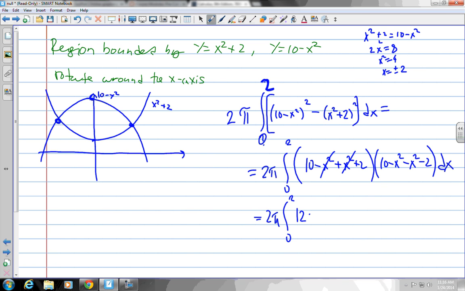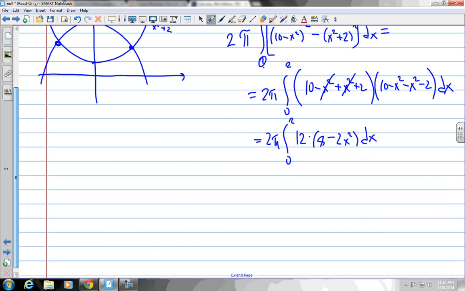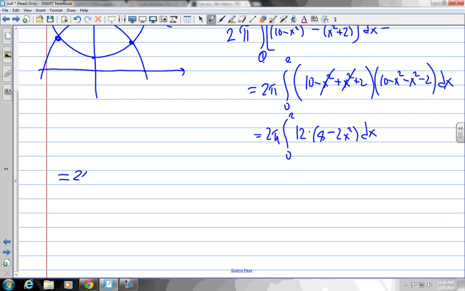What's going on in here? 8 minus 2x squared. Is this right?